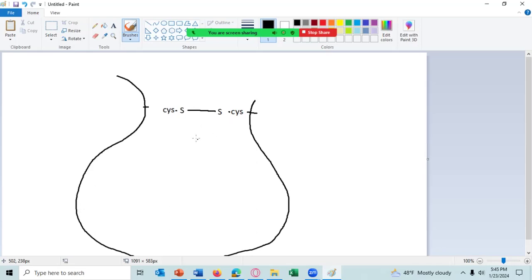Anyways, you see this tertiary interaction between the two cysteines where the hydrogens come off and then the sulfur forms a covalent bond between them.